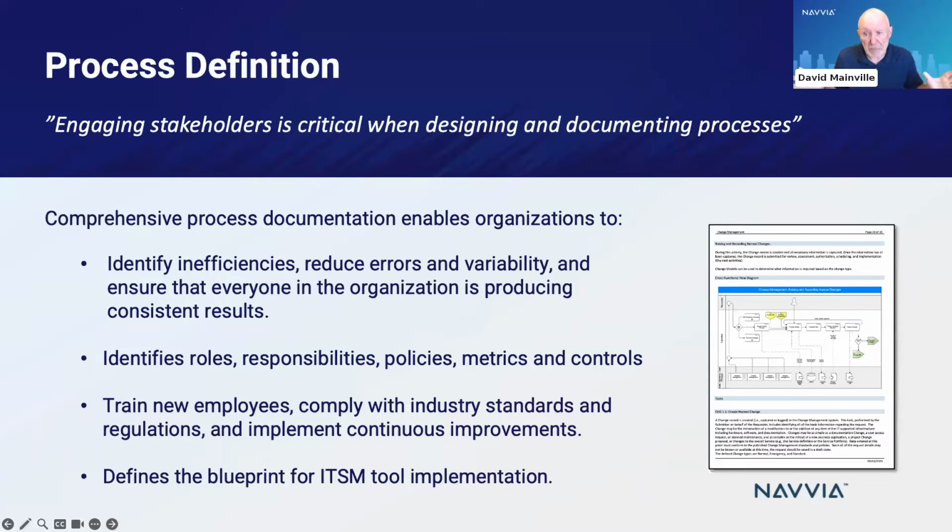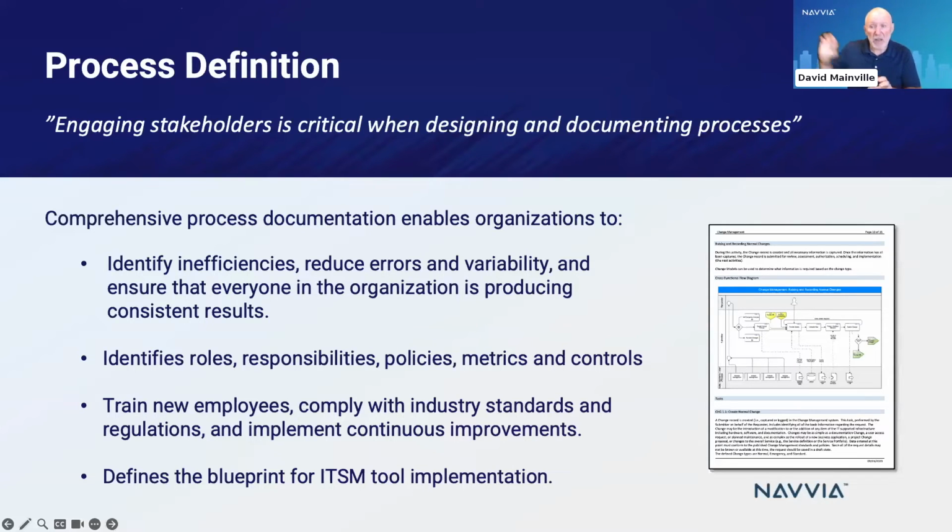by going out and ensuring you have comprehensive process documentation, you're going to be able to do a few things. First of all, that exercise can help you identify the inefficiencies in your current processes. It can help you identify where errors are occurring or variability in the process.